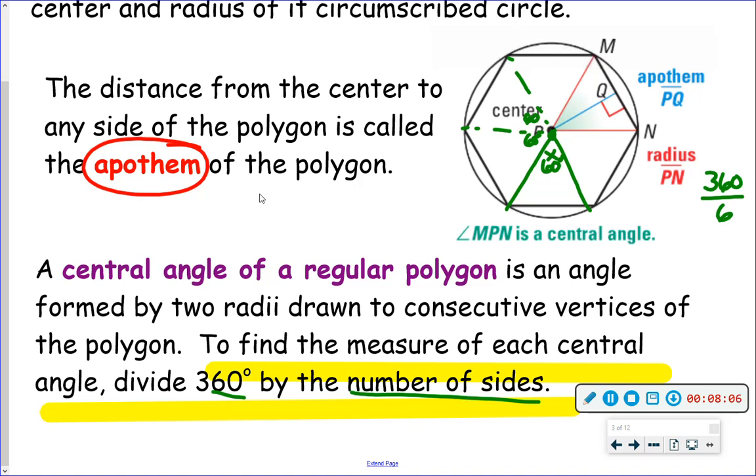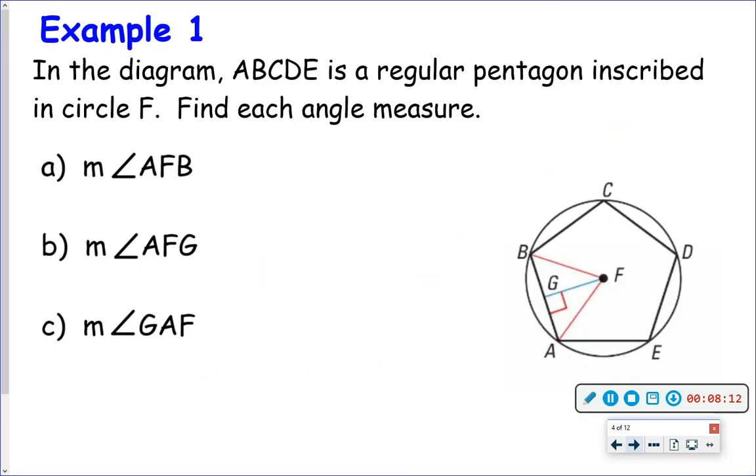So before we get to the area formula, let's just kind of practice this angle, apothem, etc. No calculations yet. In the diagram, A, B, C, D, E is a regular pentagon. Regular, everything's congruent, inscribed in the circle. Find each angle measure. So the first one they want, A, F, B. So they want this, mine's in red, the central angle.